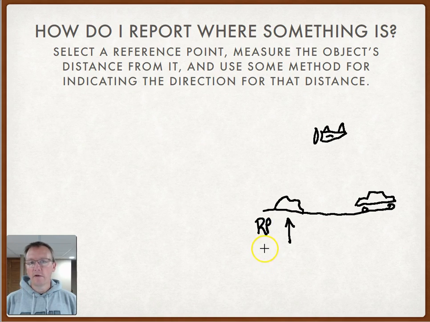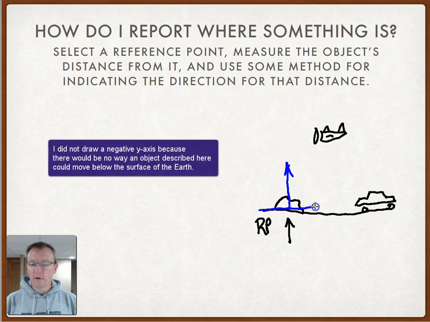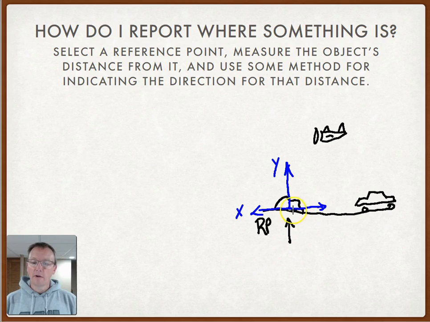Now, when you think of a reference point, I immediately want you to think about a set of axes. You guys have dealt with axes before, right? So you've got a y-axis, and you've got an x-axis, like so. This is your y-axis, and this is your x-axis. And the origin for that is right here at this rock.